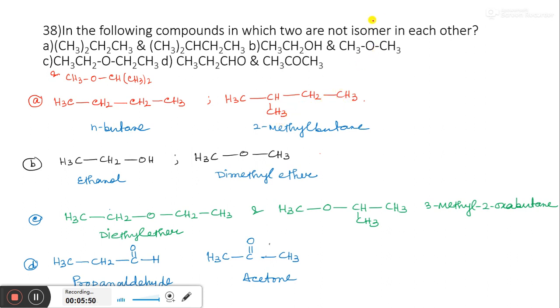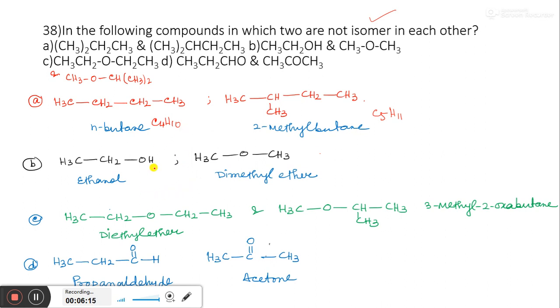Now isomer means having the same molecular formula but a different structure. The first compound is n-butane having molecular formula C4H10. The second molecule is 2-methylbutane having 5 C atoms and 12 H atoms. So they are different in molecular formula. Option A is most probably the pair that is not isomeric.